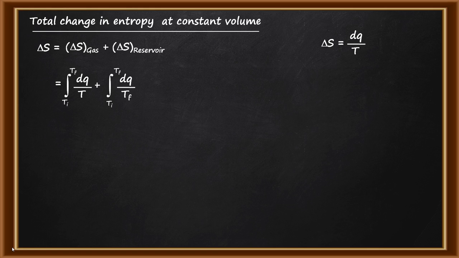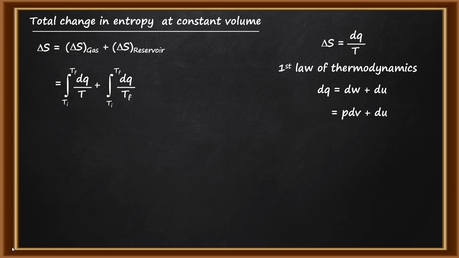Now what is dQ? As per the first law of thermodynamics, dQ is equal to dW plus dU. Now dW is equal to PdV, so PdV plus dU. Now it is given that we have to calculate the change in entropy at constant volume. So constant volume means the first term PdV will be 0.